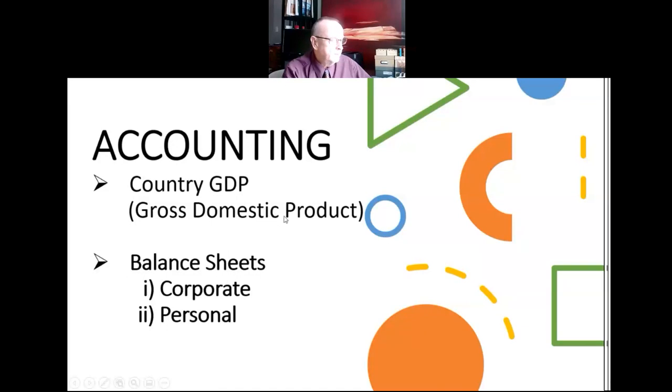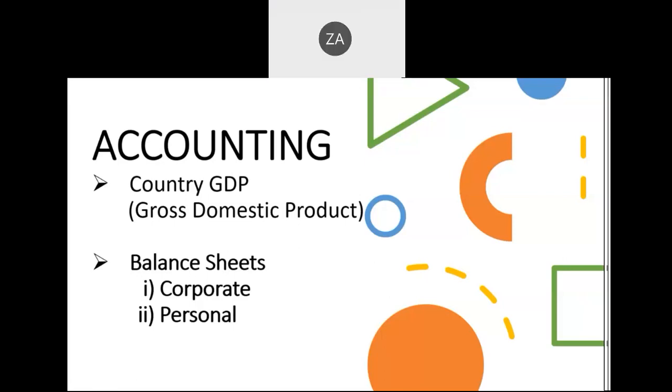Gross domestic product, what is it? Balance sheets, corporate balance sheets, and personal balance sheets. Let me ask you a question. As individuals, have you ever sat down and written out the details of your personal balance sheet?